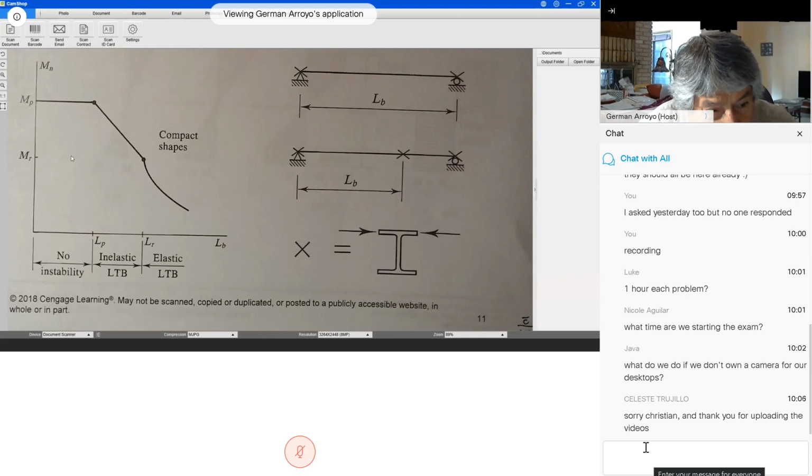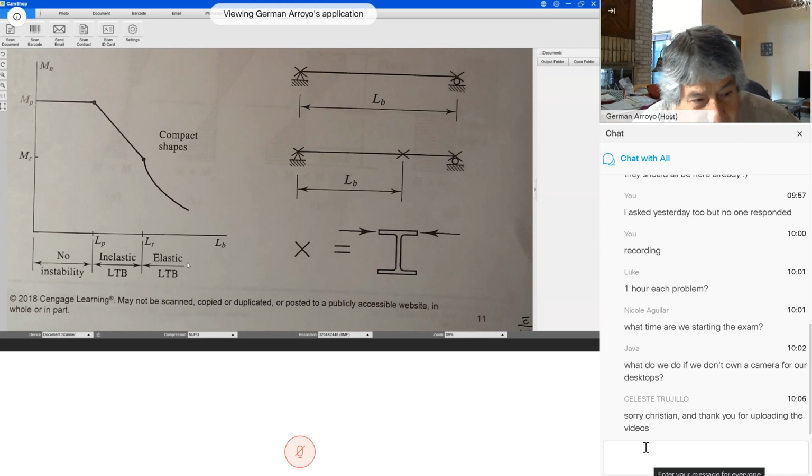In here, between L sub P and L sub R, for the inelastic, LTB means lateral torsional buckling. Inelastic behavior with lateral torsional buckling. I'll tell you what lateral torsional buckling is later. This is elastic, but also lateral torsional buckling. In here, there's no lateral torsional buckling, no instability. So these are the three equations that we're going to see in the book.